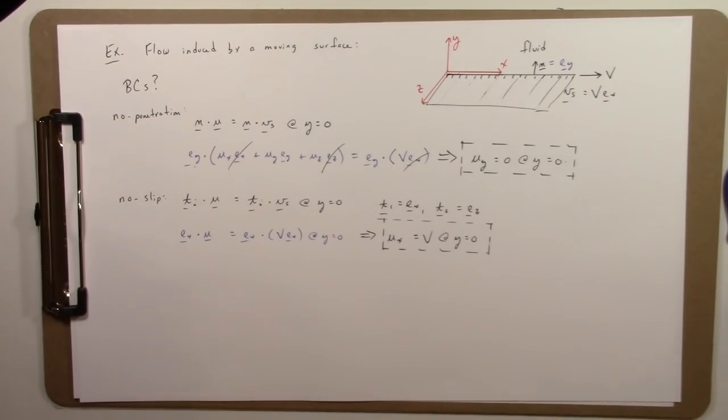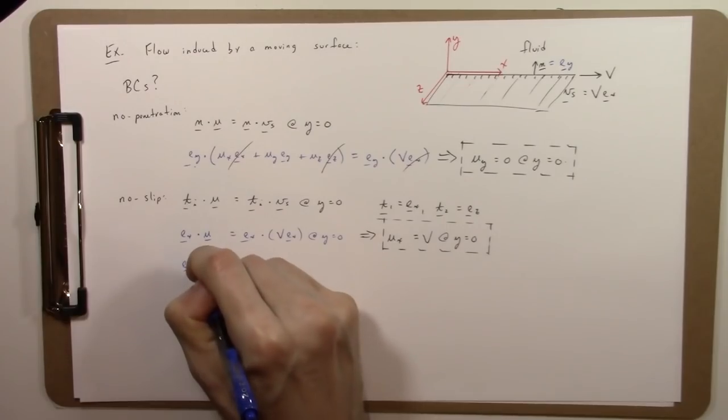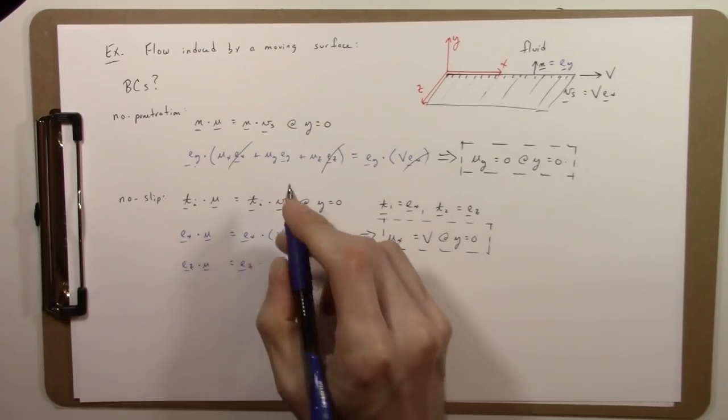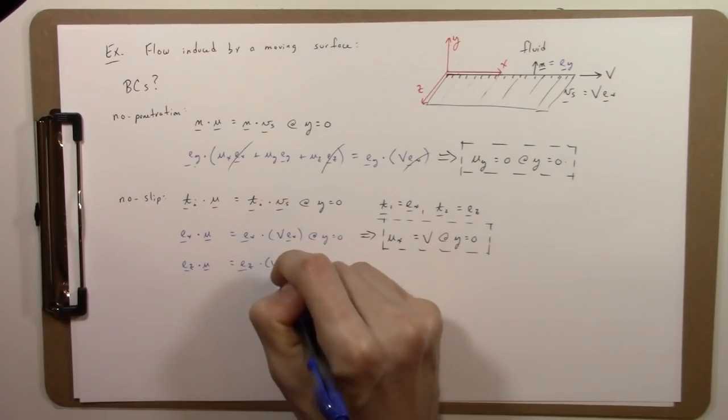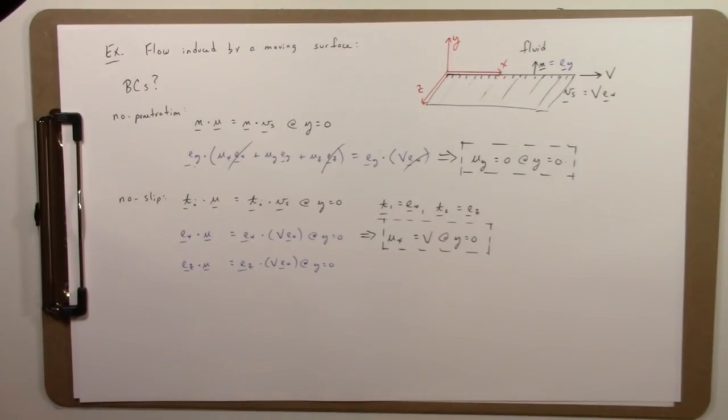For the second one, we take T2 equal to EZ, so EZ dot U is equal to EZ dotted with V EX at y equals 0.